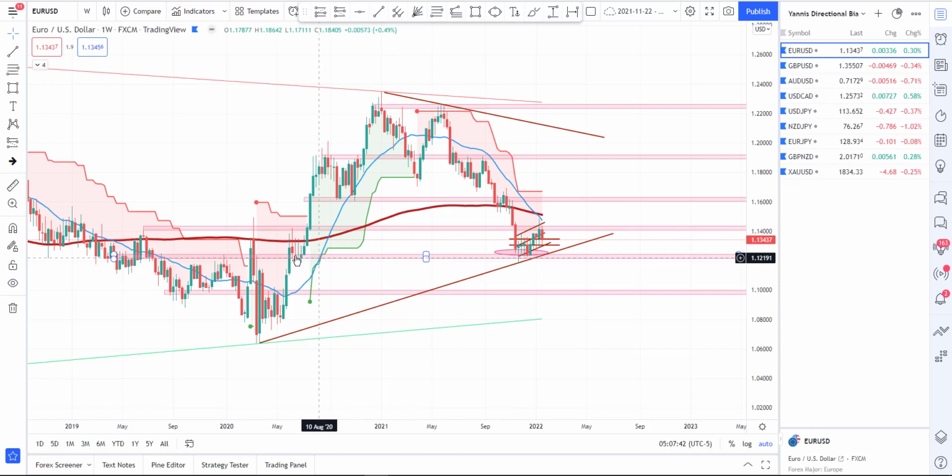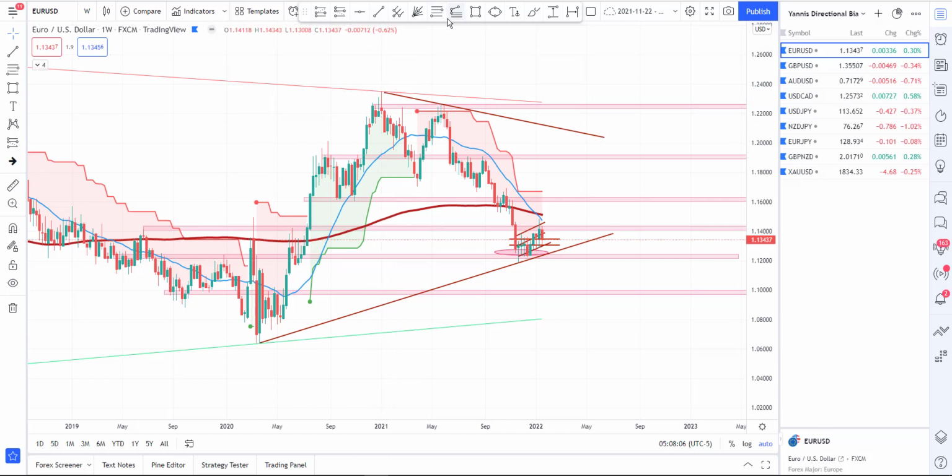And the first one was that level here around 112.40, okay? And of course, where I have that ellipse drawn, that's the 61.8 retracement from the low of March 20 till the high of January 21.